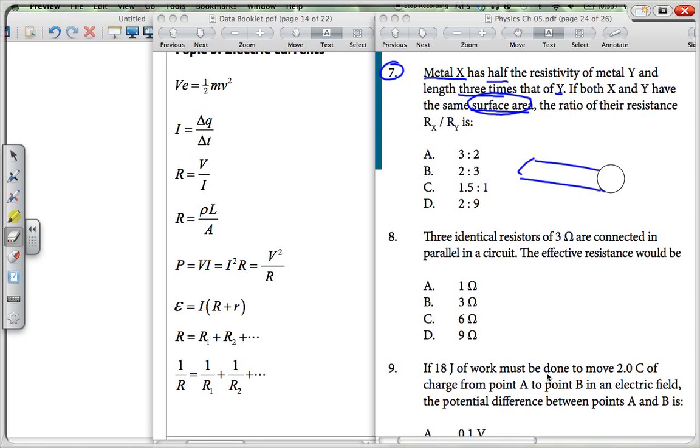So which formula are we going to use? Well, obviously we're going to use this formula over here. So if we have Rx, we have that over Ry.